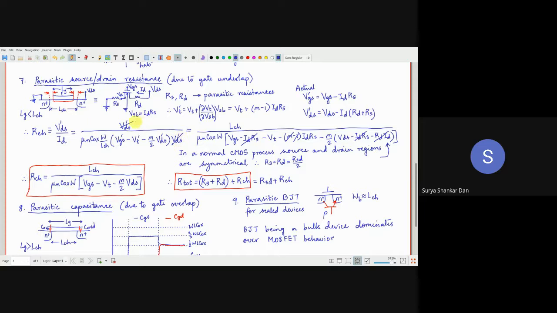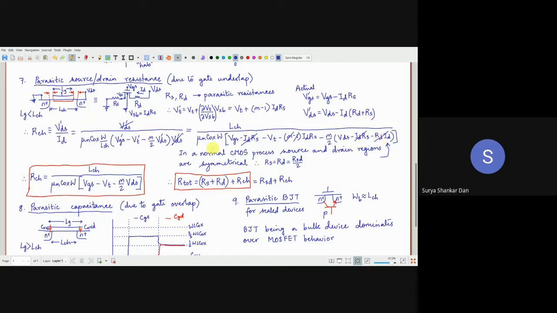This VDS dash will cancel, and LCH goes into the numerator. In place of VGS dash we write VGS minus ID RS, copied from this equation. Minus VT dash, again copied from this equation, VT minus (M minus 1) ID RS. Minus M by 2 VDS dash, in place of which I will copy this equation, VDS minus ID RS minus ID RD.